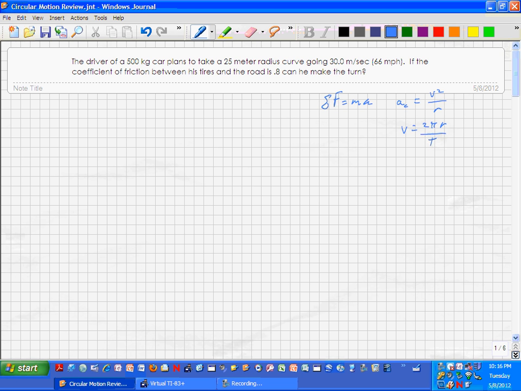Let's go ahead and draw a force diagram. Whenever you're starting with a car going around a curve, you want to draw two diagrams. You've got the car going around in a circle, so you draw your curve. We know the radius is 25 meters, so we've got this radius 25 meters.